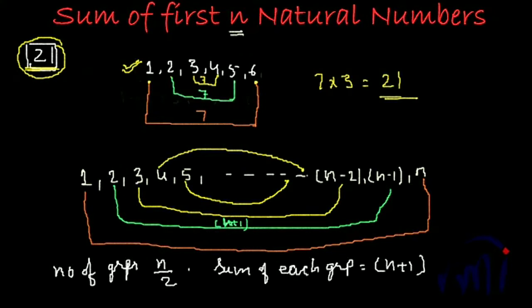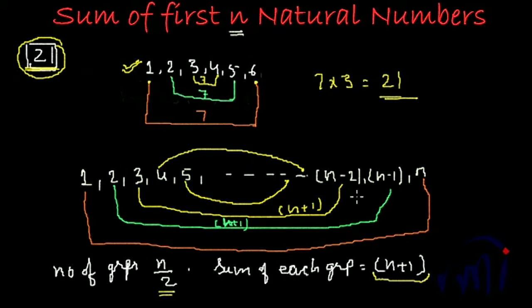Similarly, this group where I have grouped 3 with n minus 2, n minus 2 plus 3 will also give you n plus 1. That is why we have grouped them, because in each group we get the same sum, right? So what we have now is n by 2 groups where each group has sum n plus 1. So what will be the total sum of this series?